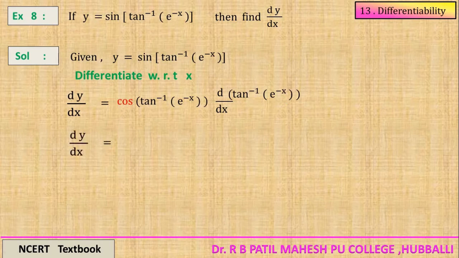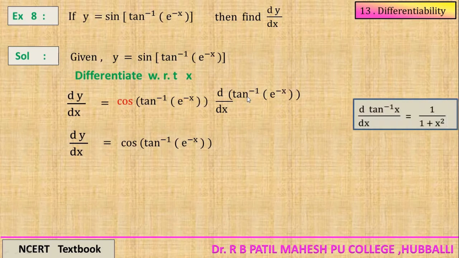So in the next line, first term as it is, cos of tan inverse e raised to minus x. Now you write the derivative of tan inverse of e raised to minus x. This is a composite function of an inverse function, tan inverse. Recall the tan inverse x derivative.